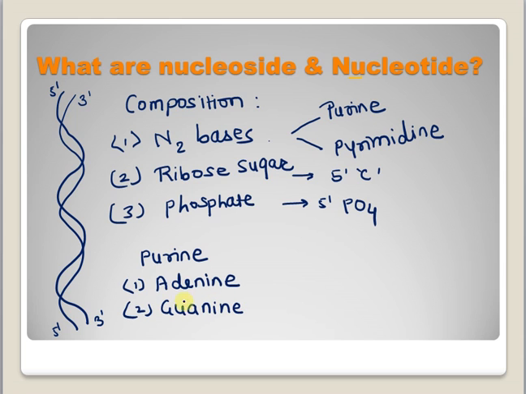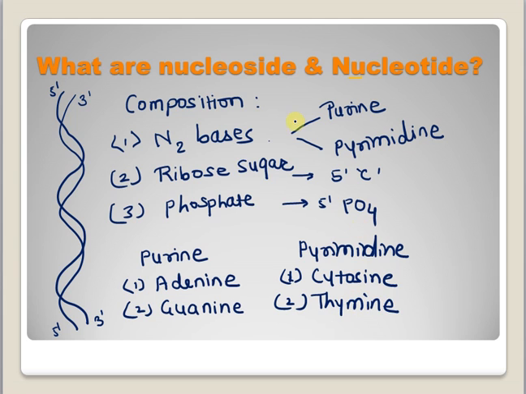Adenine and guanine are nitrogenous bases. The second type is the pyrimidine. Pyrimidine is composed of 2 nitrogenous bases, that means cytosine and thymine. So we will discuss now.